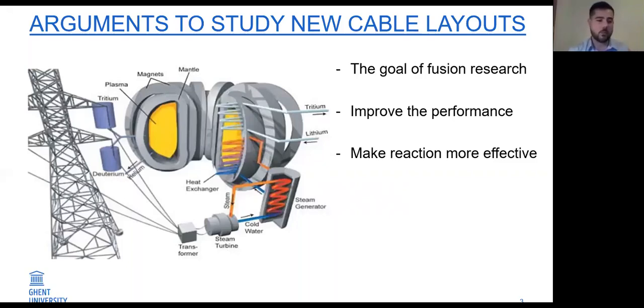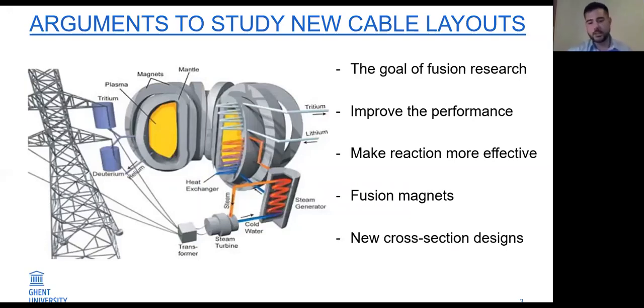One of the biggest consumptions of energy goes to the fusion magnets. This is why it's important to try to improve them, to produce more effective reactions and gain some profit of energy. And this is the motivation to study the new cross-section designs.